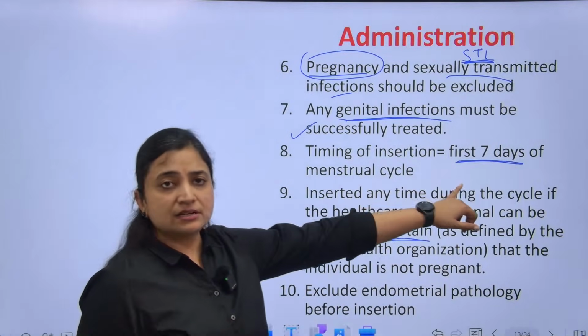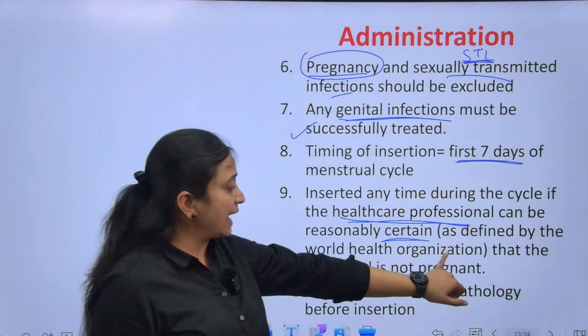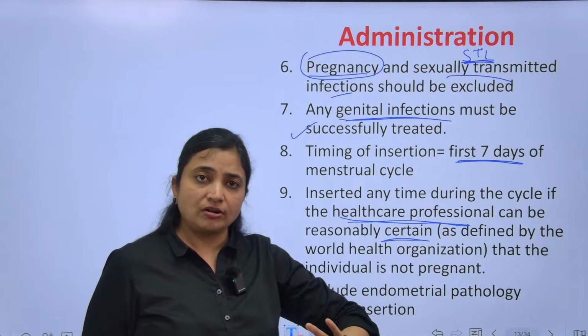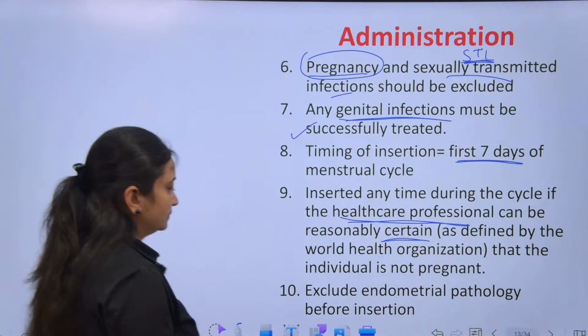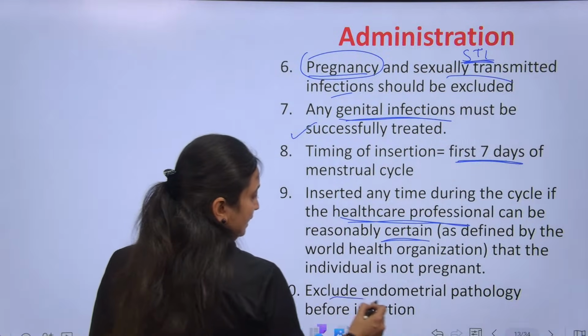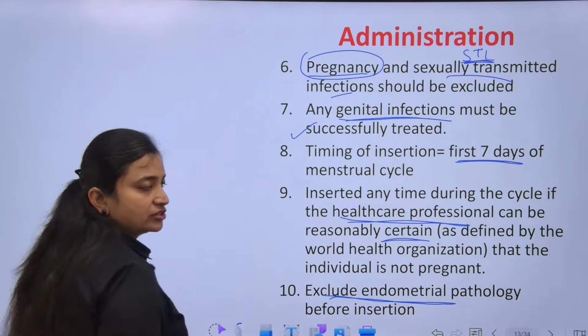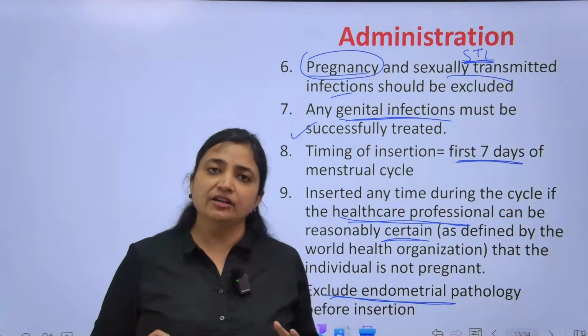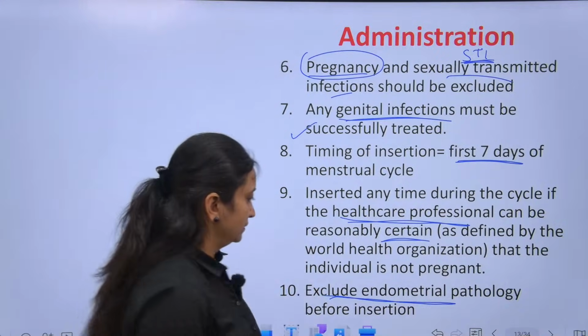So it is better to insert in the first 7 days, but it can be inserted at any other time if you are pretty sure that the patient is not pregnant. And exclude any endometrial pathology before insertion, as we have talked about time and again; the endometrial cavity should be absolutely normal.